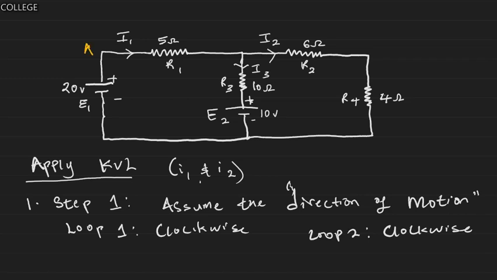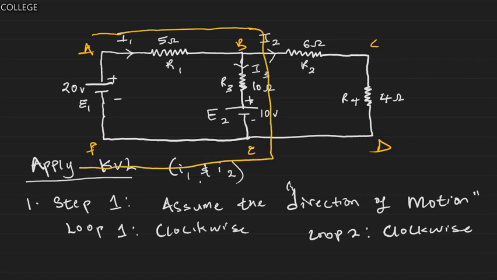This simply means that, let's quickly label the circuit A, B, C, D, E and F. For loop 1, if we are moving in a clockwise direction, let's say we start from point A, we are moving in this direction, point A to B to E to F and back to point A. This is the path we want to follow to analyze the circuit.